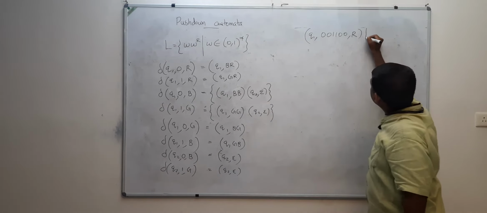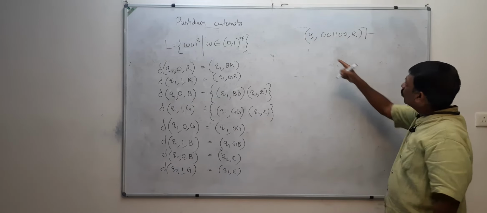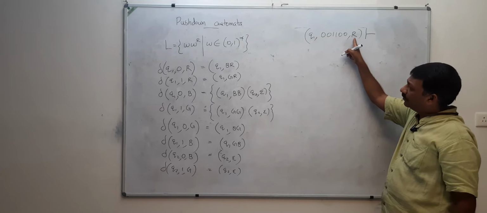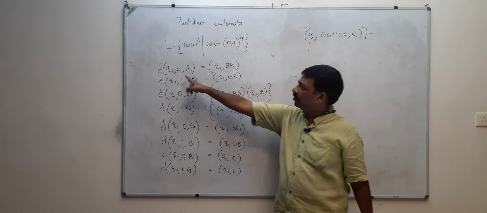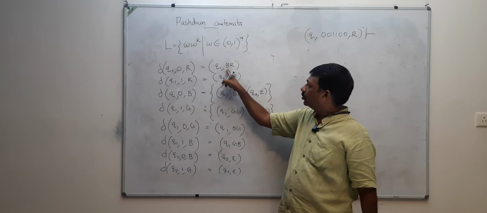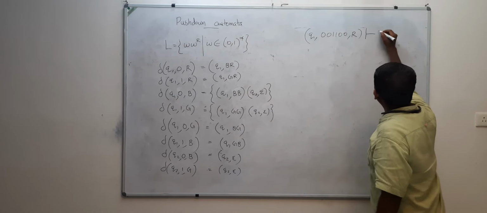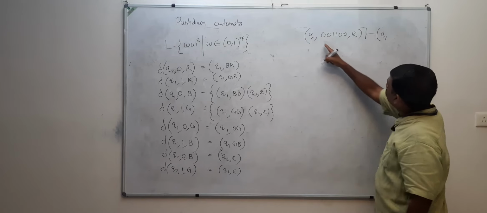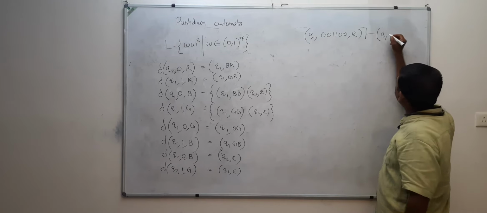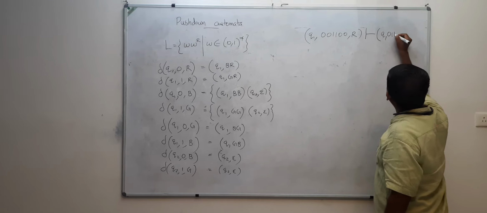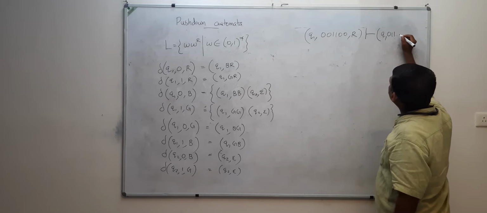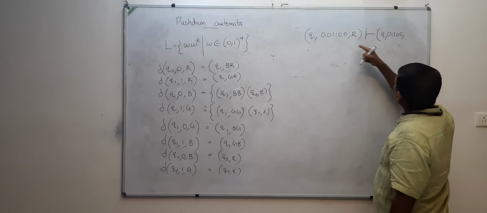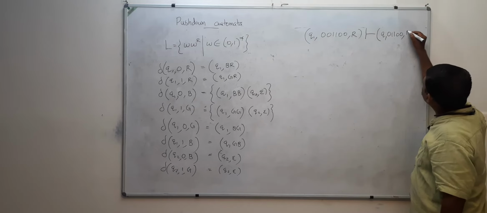And in a single move, Q1 after reading 0, and if red is on top, what will happen? Q1 on 0, and if red is on top, we are going to push B. That means in a single transition it is moving to the next, that means 0, 1, 1, 0, 0, and this is represented by BR.